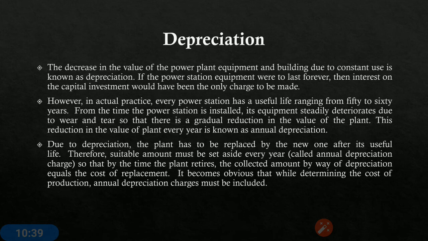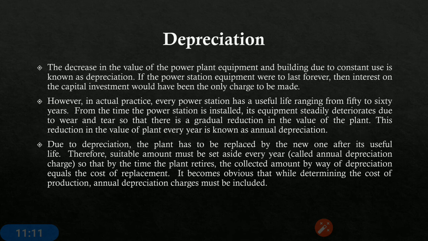At the time when the power station is installed, its equipment deteriorates due to wear and tear. So there will be a reduction in the value of equipment or the total value of the plant. This reduction in the value of the plant every year is known as annual depreciation. After a useful life of about 50 to 60 years, the plant has to be replaced by a new one.